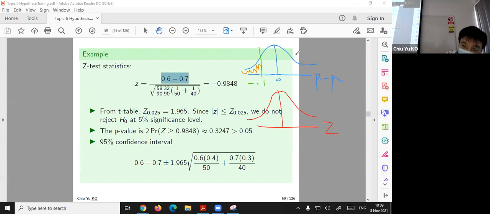Now we convert this 0.1 into here, actually 0.98. So the first thing is to calculate the area, times 2, and this is the number. Just remember how we do it in Excel. It will be NORM.S.DIST, negative 0.98, and then TRUE.